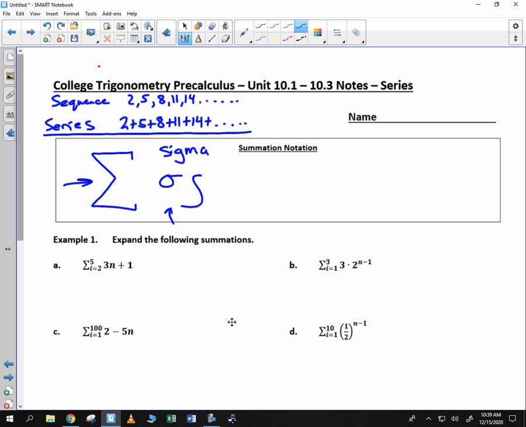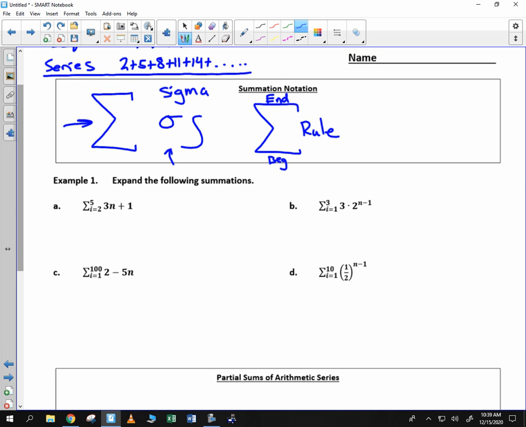And what summation means is we add up all the terms defined by the beginning up to the end term of the certain rule.